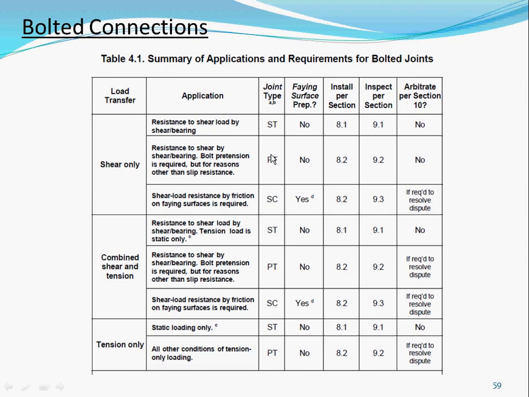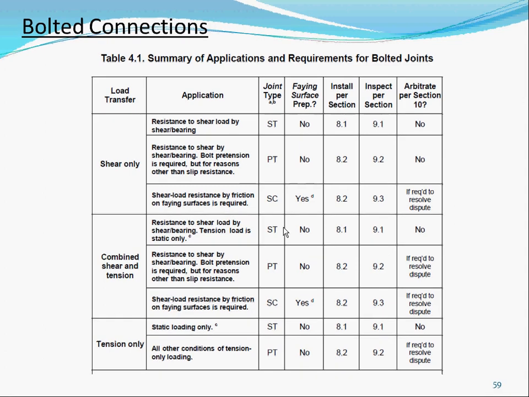The joint type still needs to be pretensioned. We need to pretension the joints. We don't prep the surface, so we're under this condition. So we are pretensioning it, but it's not a slip critical condition. That's why when you look at the third one, shear resisted by friction on faying surface is required, we're not counting on that.